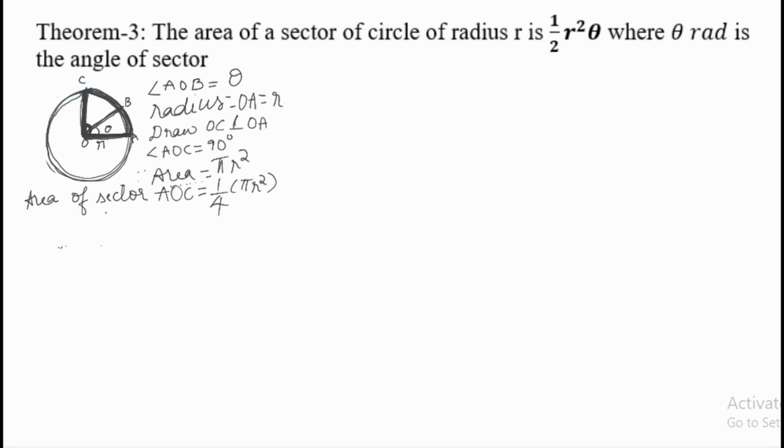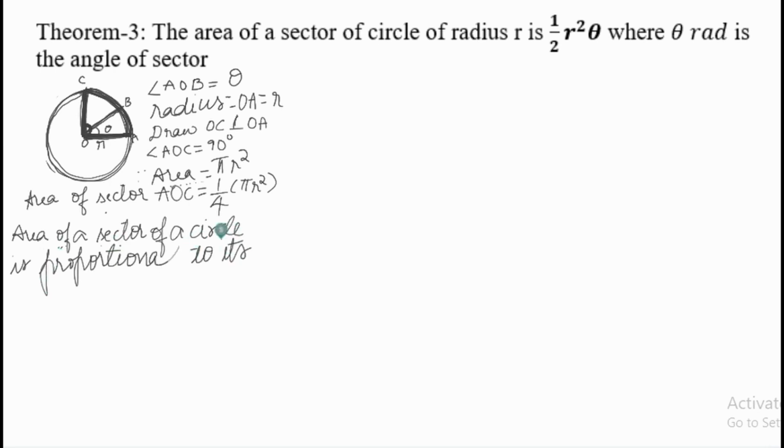So, after that, we also know that area of a sector of a circle is proportional to its central subtended angle.